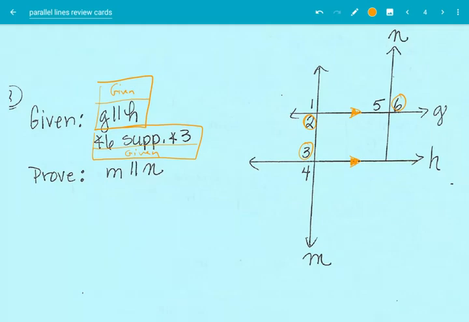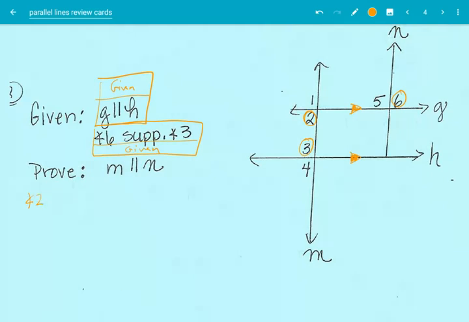So if 2 and 3 are supplementary, then, looky here, what are 6 and 2? Those would also be supplementary. Well, actually, no, they wouldn't be supplementary because, well, here, just look and see what we're doing. Okay, so because those lines are parallel, then angle 2 is supplementary to angle 3, because parallel lines imply supplementary same side interior angles.